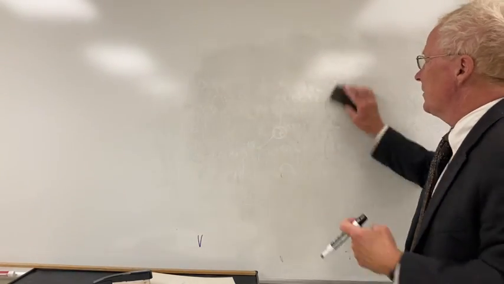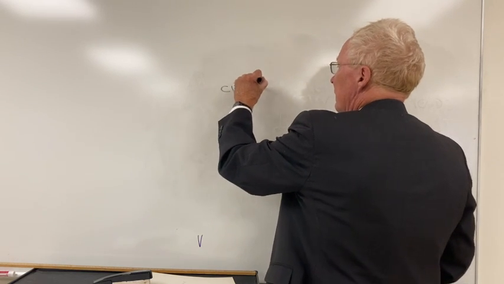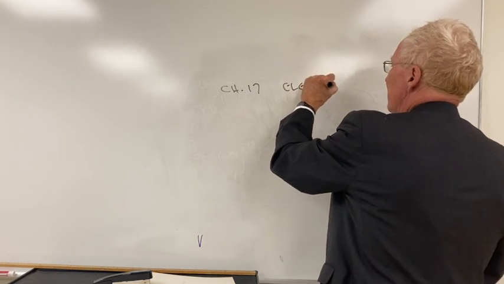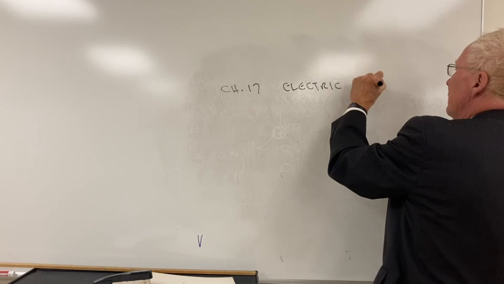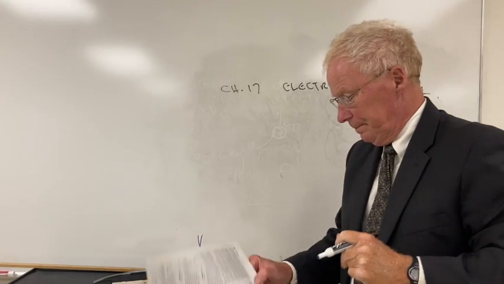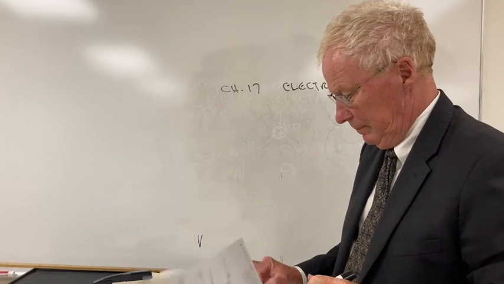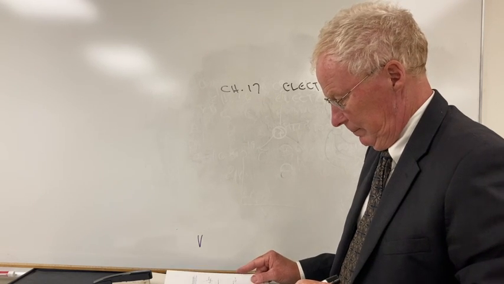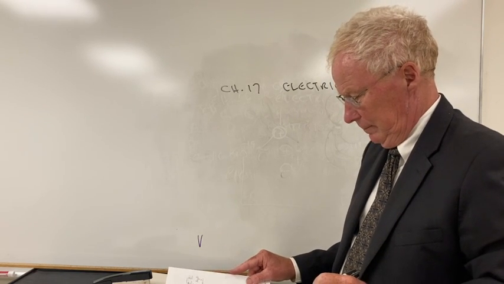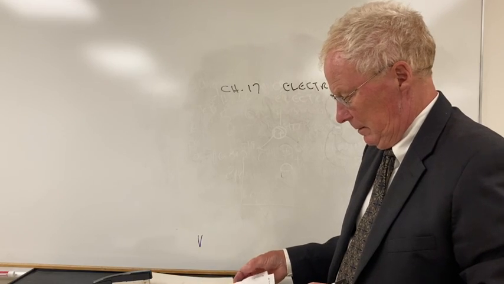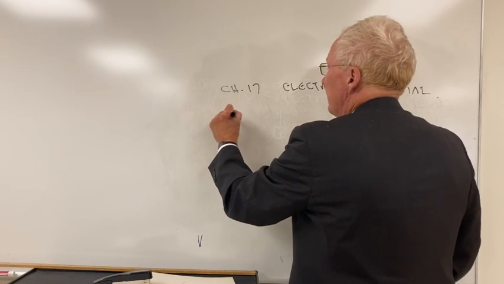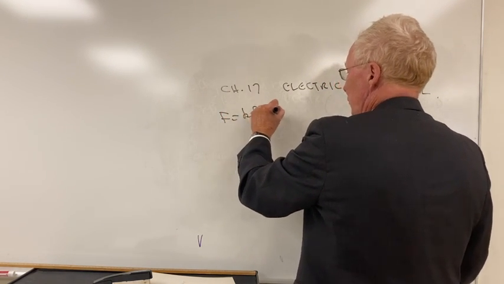So, chapter 17. All right. This is electric potential. I should say, we had a problem for force is K, Q1, Q2 over R squared.